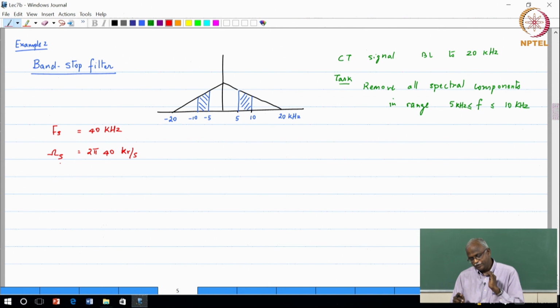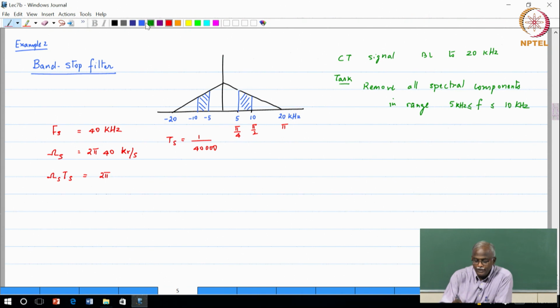Sampling frequency is 40 kilohertz, the corresponding sampling frequency in radians per second is 2 pi times 40 kiloradians per second. This tells me that the sampling period is 1 over 40,000. So if I convert omega s times Ts, that will map to 2 pi. So basically 40 kilohertz is 2 pi, 20 kilohertz would be pi, 10 kilohertz would be pi by 2, and 5 kilohertz would be pi by 4.